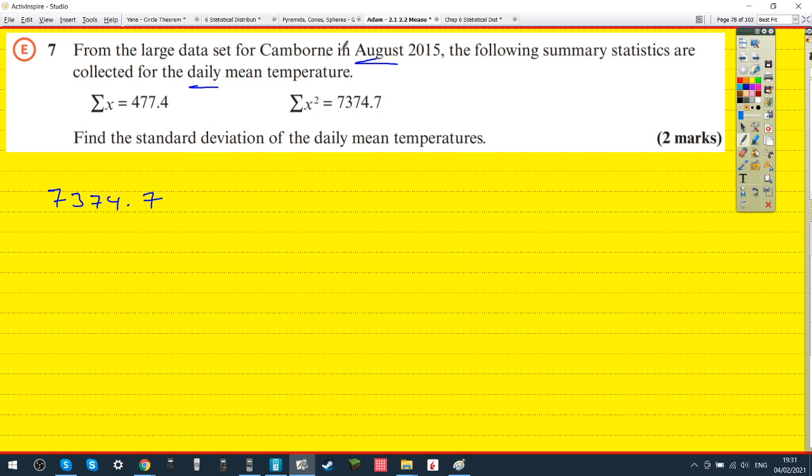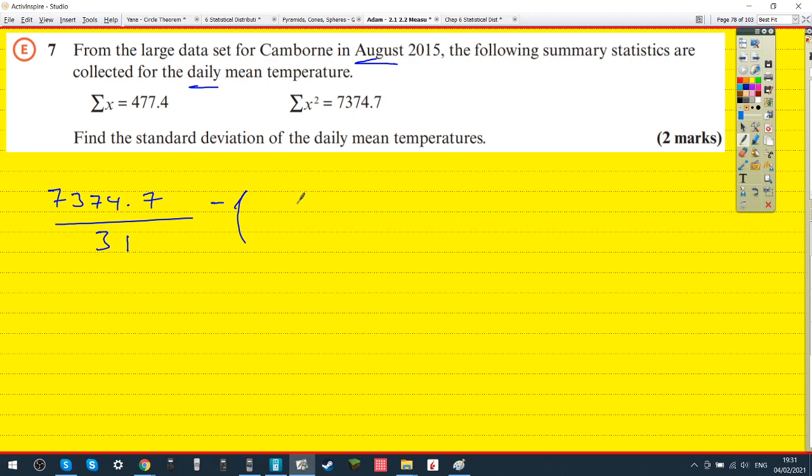Days in August. Is it 31 or 30? You tell me. I don't know this. Ooh, it's 31. Okay, thank you.